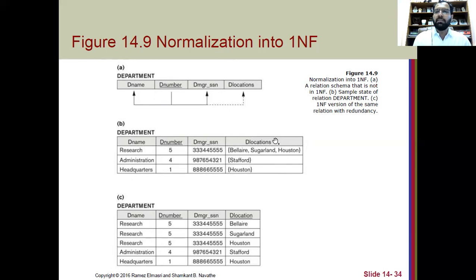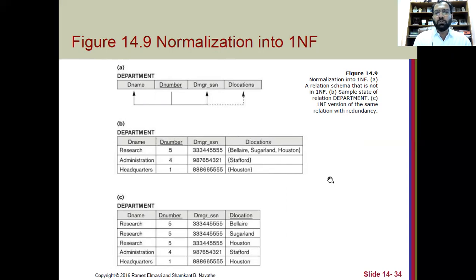So these are multi-values, which means this relation cannot follow the definition of the first normal form. So it violates the definition of the first normal form, and we have to convert this into first normal form.